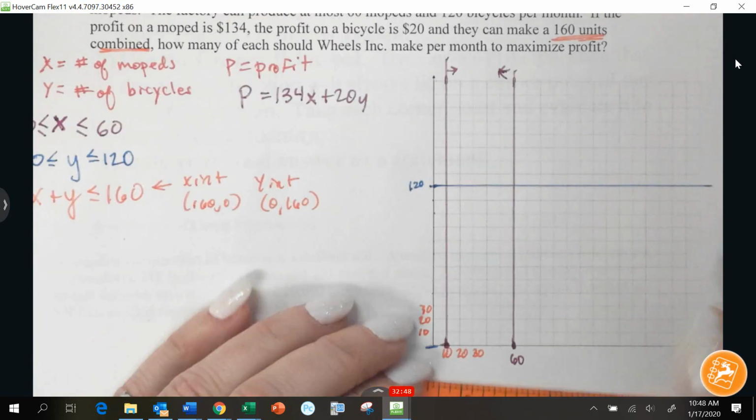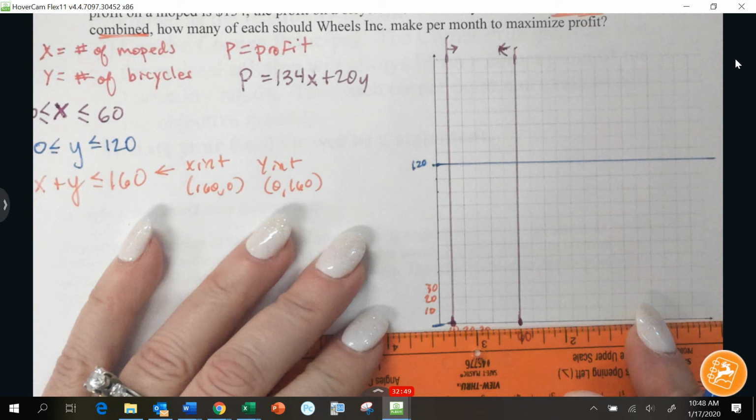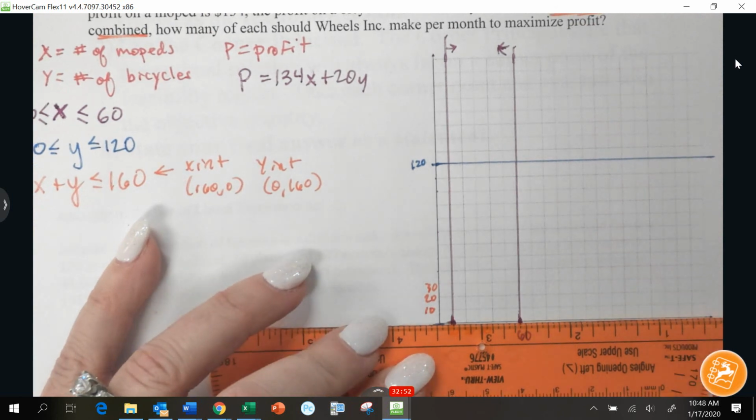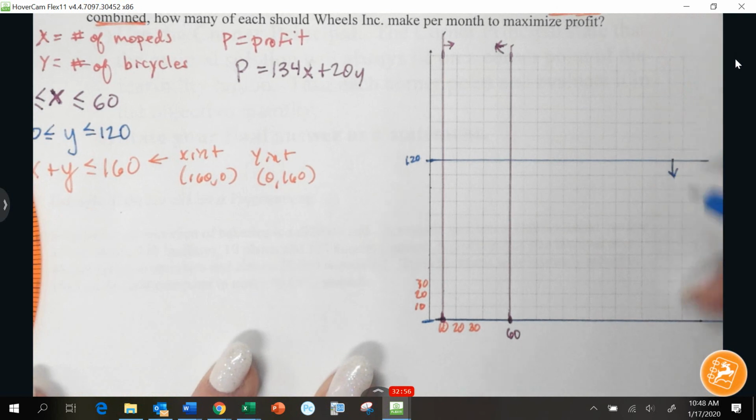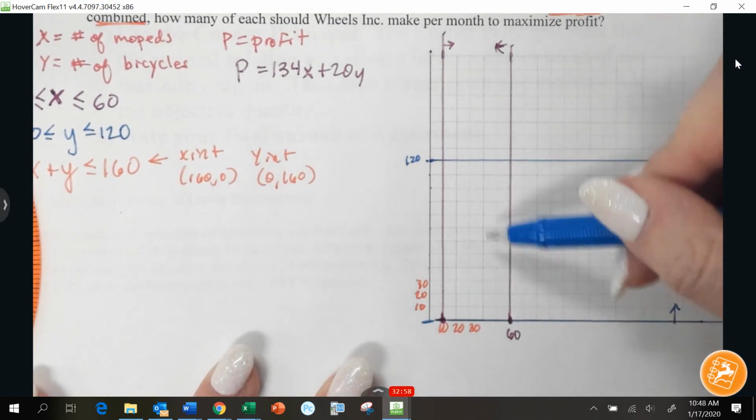I don't really need to graph this one because it's already there. And it will be shading in between those lines as well. So far I have this rectangle.